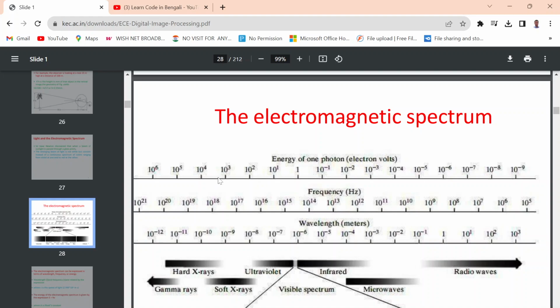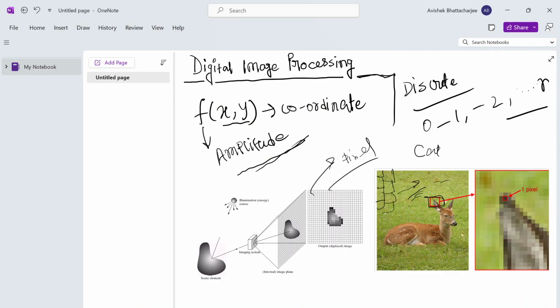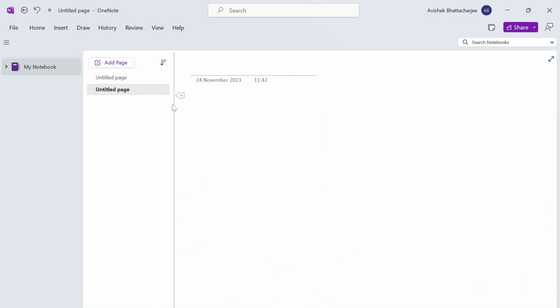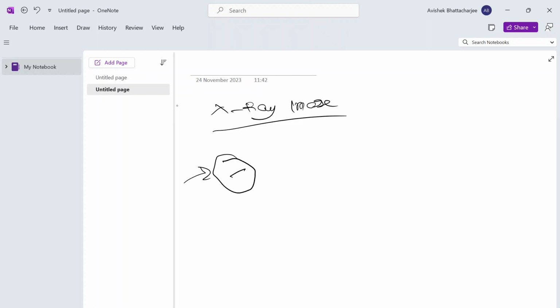You know the uses of X-ray. Let me give you an example of what is actually happening here in X-ray image processing. The cathode is charged and it will emit electrons.